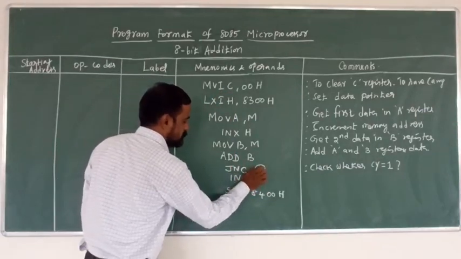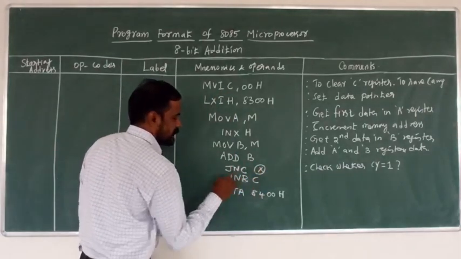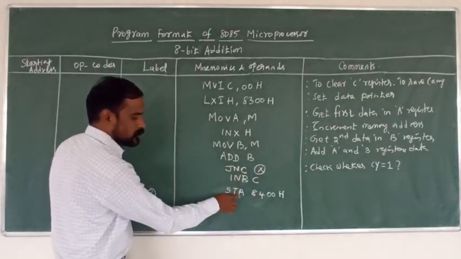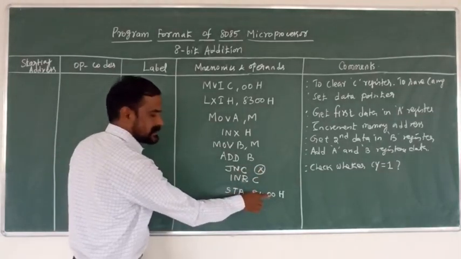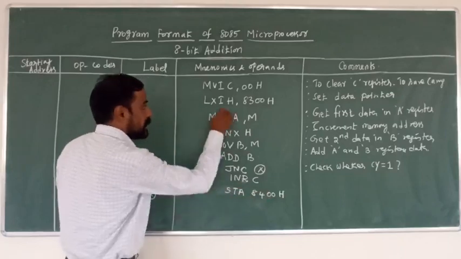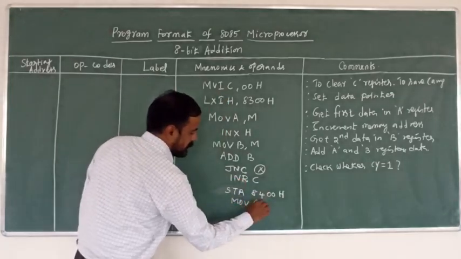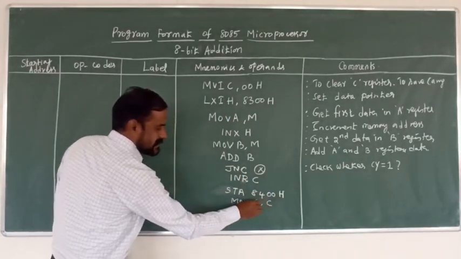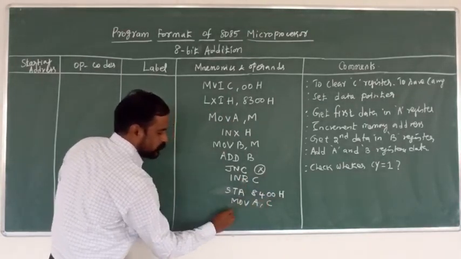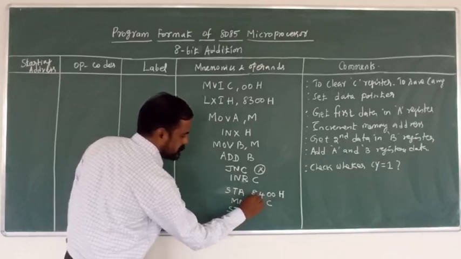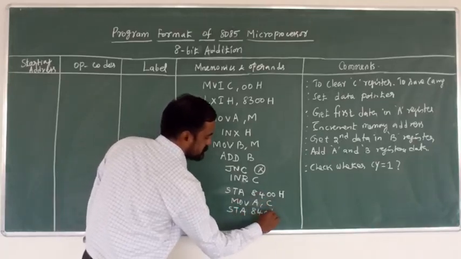Increment, INR C. After that, to store the accumulated result sum at 8400 and the carry available in the C register, move A, C. The C register, that is the carry data, to move to the accumulator. Now the accumulated result to store at the next address.